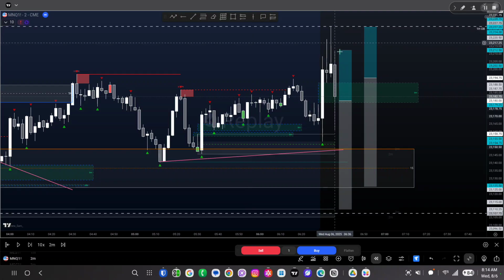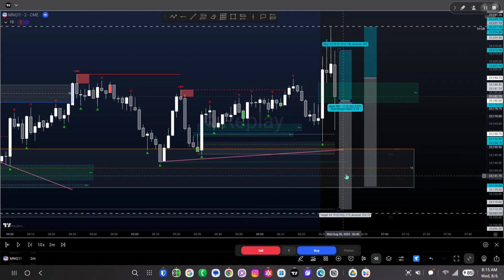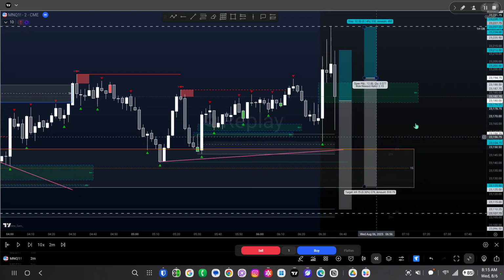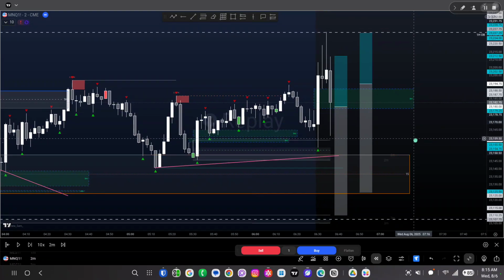Yes, price hit this one, but it hasn't hit down here, and I know that the higher time frame is bullish because this trend line is telling me. Remember, when a trend line breaks overnight, usually it will probably manipulate and touch that last supply and demand S&D of the trend line break before pushing higher to a 4-hour level.